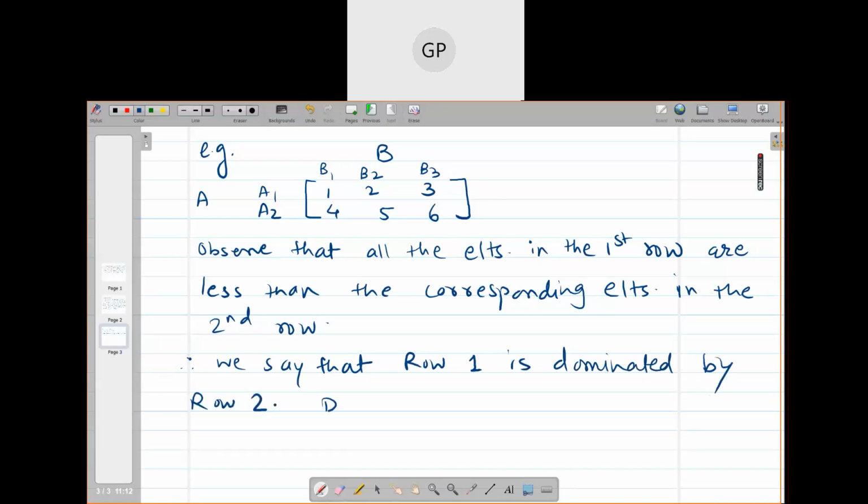So we delete row 1. We can strike out this row. We will tell player A not to use this row because it will not give him maximum benefit. So only retain those strategies for player A which will help him to maximize his gain.